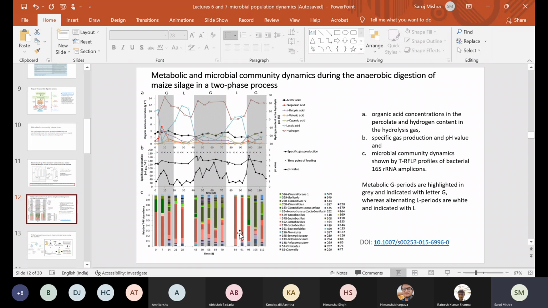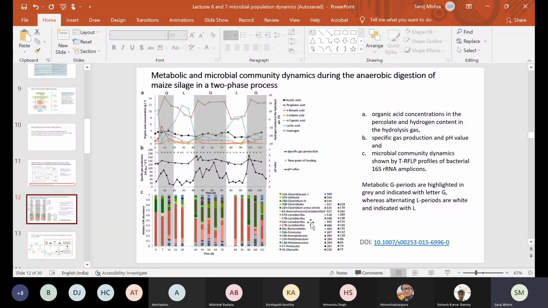So all these colors which you see here in panel C are explained in this guide. So what you see here as pink, what is color 562? It's a species of Lactobacillus. Lactobacillus is a genus, but it's a very distinct species of Lactobacillus, which has been named 562. Okay, so it is Lactobacillus species 1.